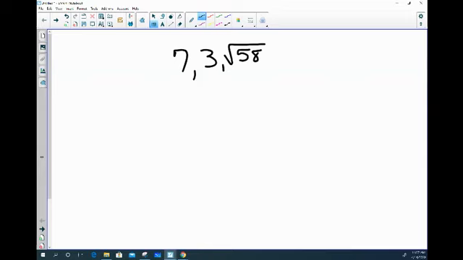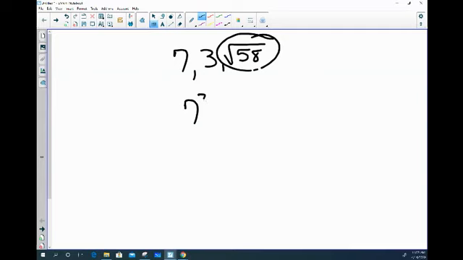If I plug this into my calculator, I find out that the square root of 58 is approximately 7.61. So that is the largest number. So everything's in order, which is a good thing.